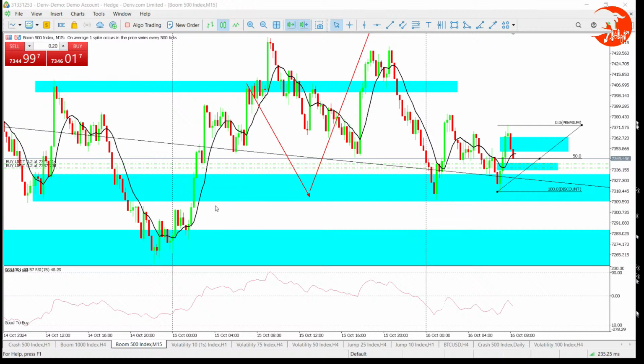That's where I'll be looking at moving out if it actually goes all the way down to that level, just there. So I'm going to risk $5, so that means $10.